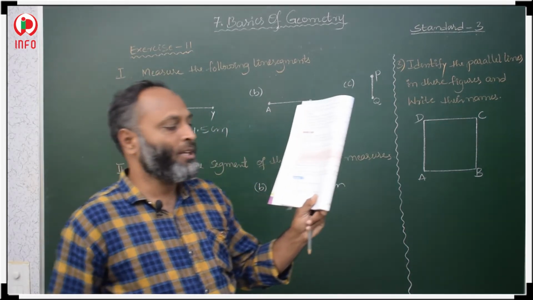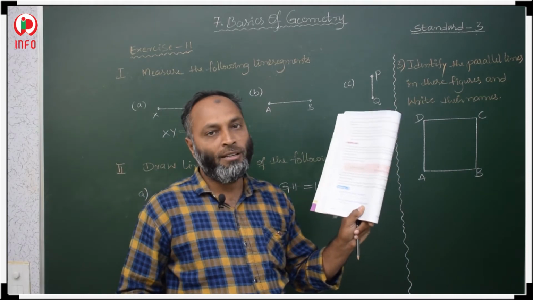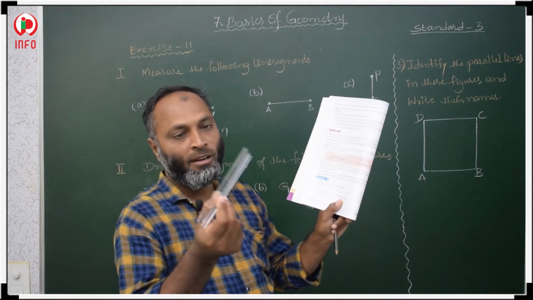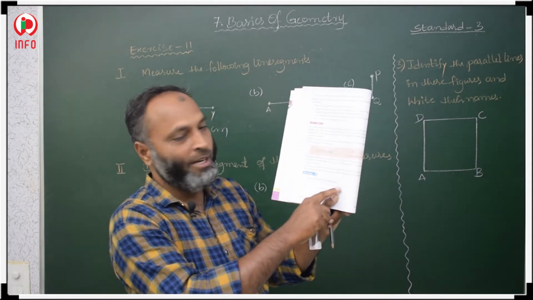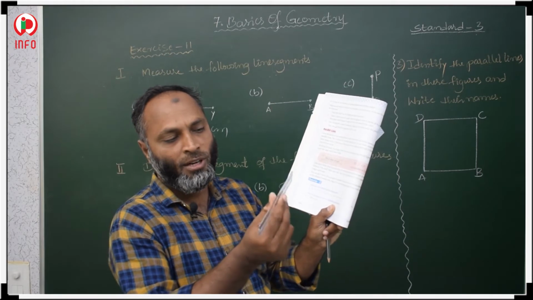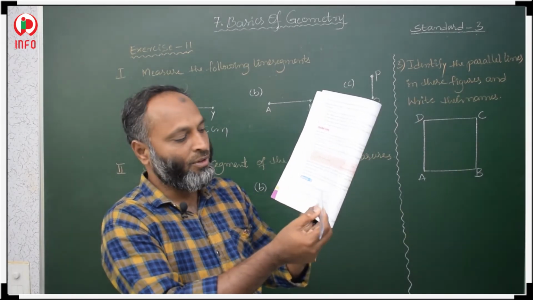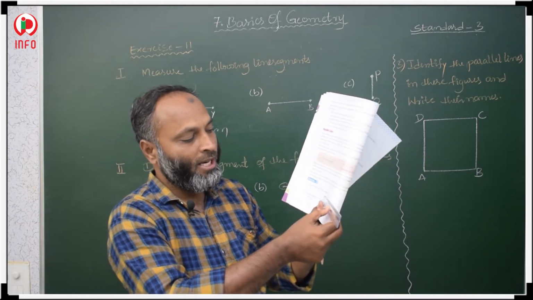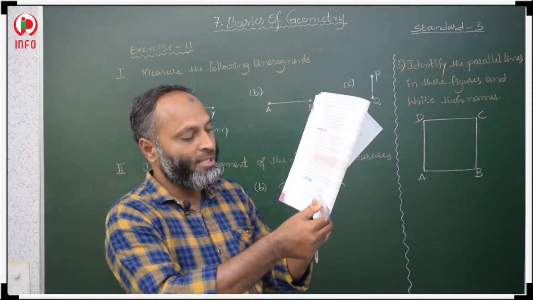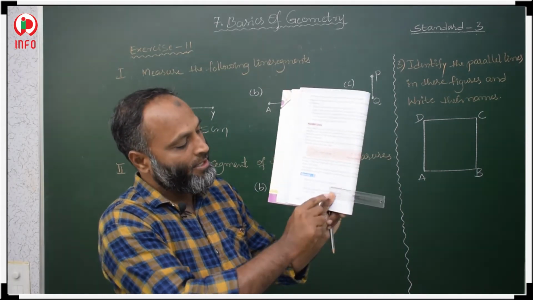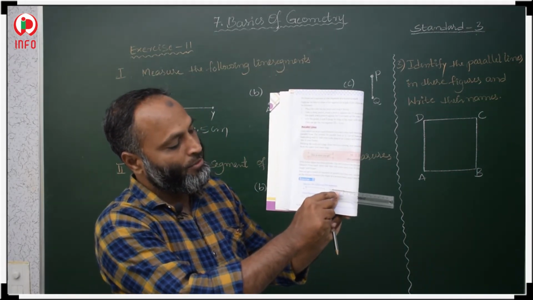Next, another line segment is given. In the same way we have to find the length of the line segment with the ruler again. Here A and B points are there in your textbook. The 0 of the ruler should coincide with A. Keep 0 on A and see where the second point coincides. Exactly at 3: 0, 1, 2, 3.